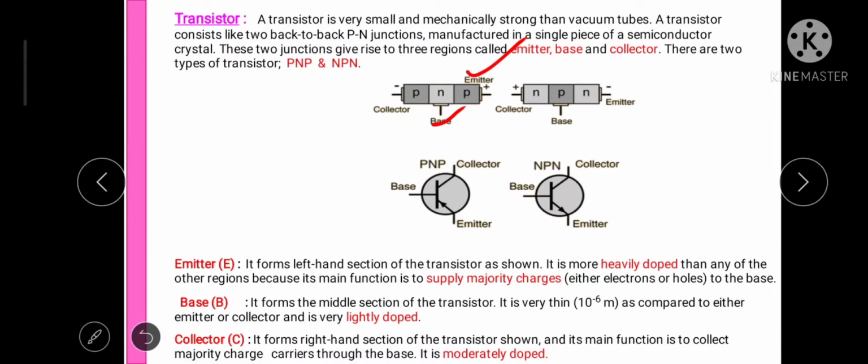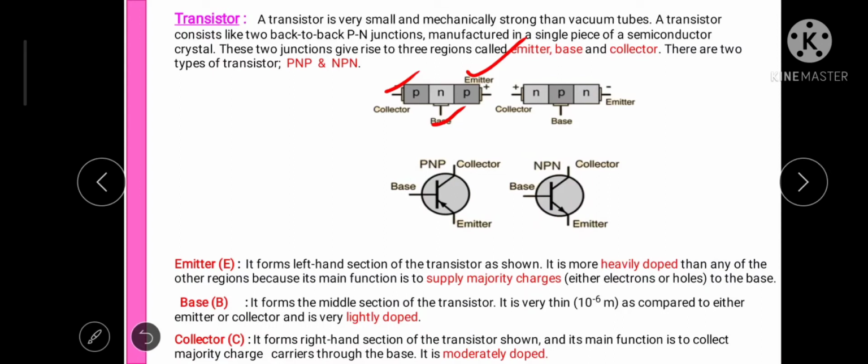It is very thin as compared to either emitter or collector, and it is very lightly doped. On the left side, there is the collector terminal. Its main function is to collect majority charge carriers through the base, and it is moderately doped as compared to the other two terminals.